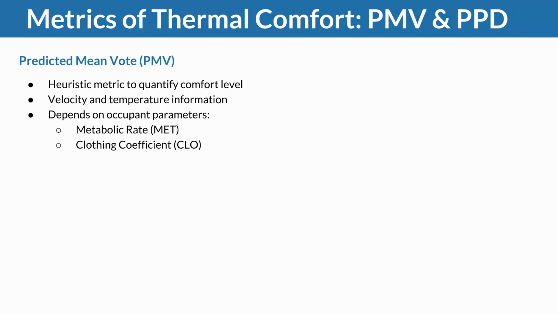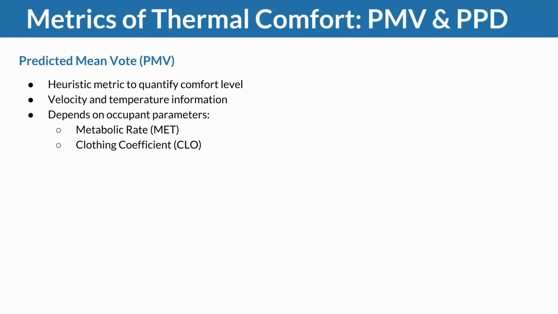Predicted mean vote essentially takes into account velocity and temperature information. And we account for the metabolic rate and the clothing coefficient, or the clothing insulation. Metabolic rate would be higher if we're designing for a sports center or recreation center where people move and do sports.